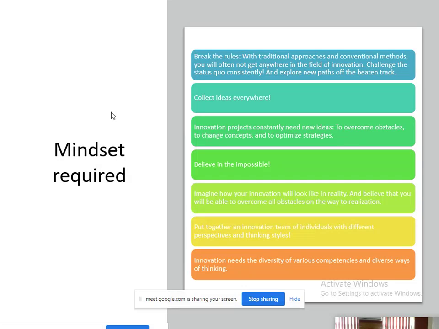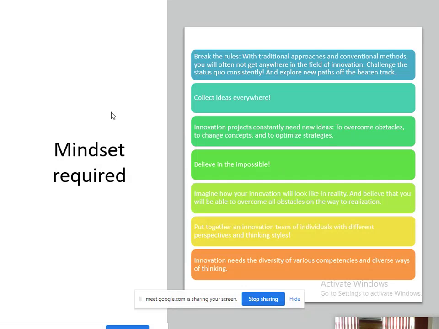That means you always try to break the wall. If you are inside the room, always try to break the rules so that you can learn new things and apply them in your company or organization. If you want to launch your product, you can apply them there also.